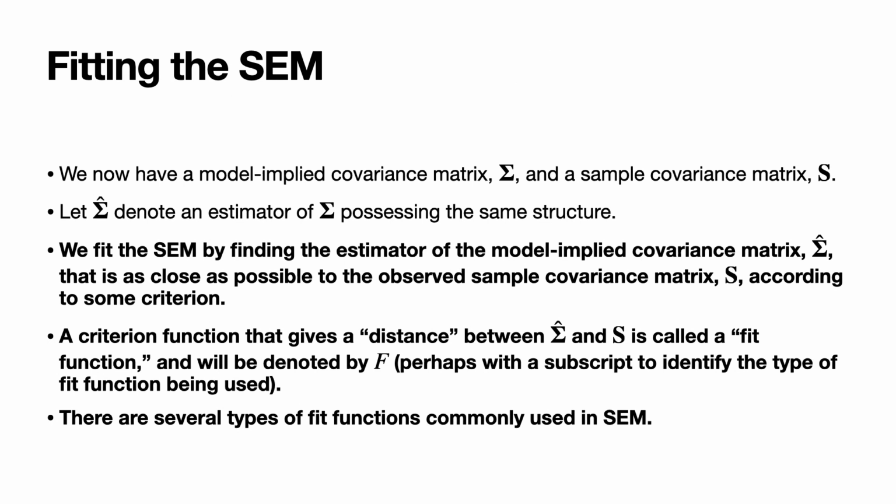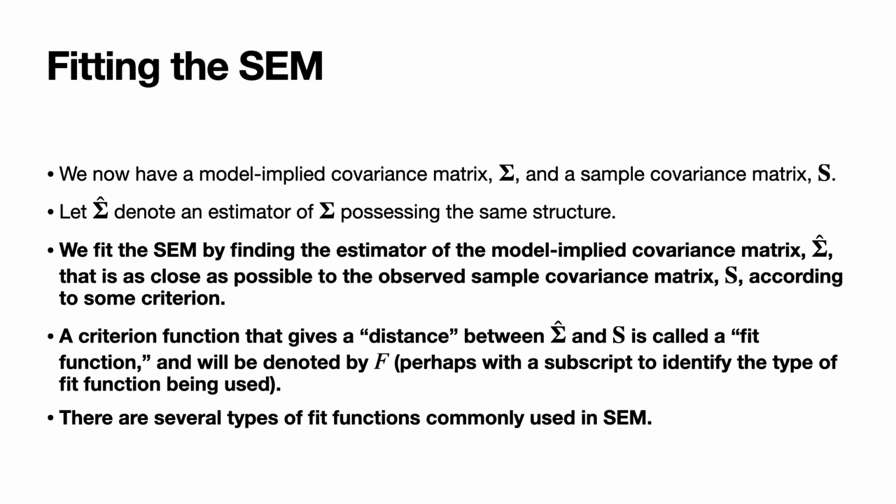We fit the structural equation model by finding the estimator of the model-implied covariance matrix, cap sig hat, that is as close as possible to the observed sample covariance matrix, S, according to some criterion. A criterion function that gives a distance between cap sig hat and S is called a fit function and will be denoted by F, perhaps with a subscript to identify the type of fit function being used.